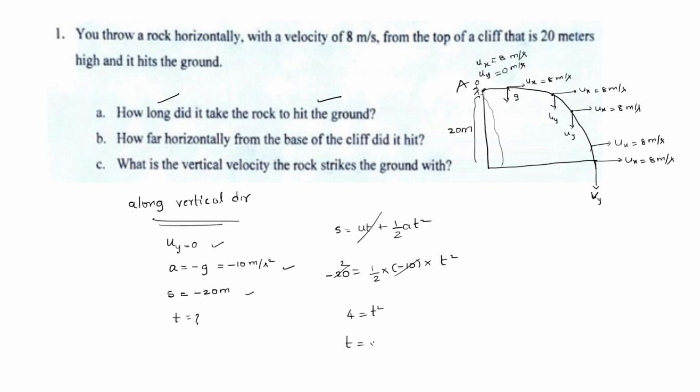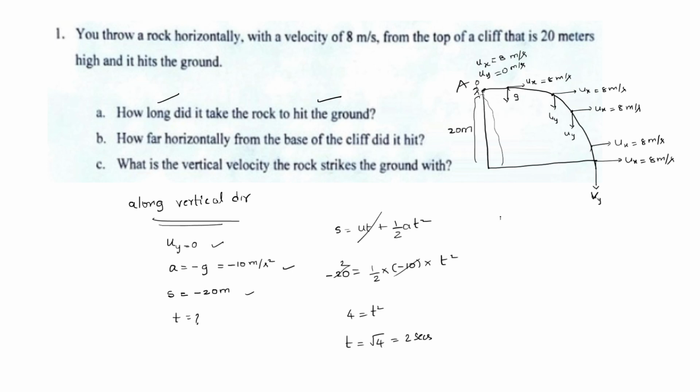So t is equal to root 4, which is equal to 2 seconds. So this is very important. Whenever you are calculating certain values which are confined to the vertical direction, you should use only vertical components of velocity and displacement. When you're taking the horizontal direction, you need to consider only the components of the horizontal direction.